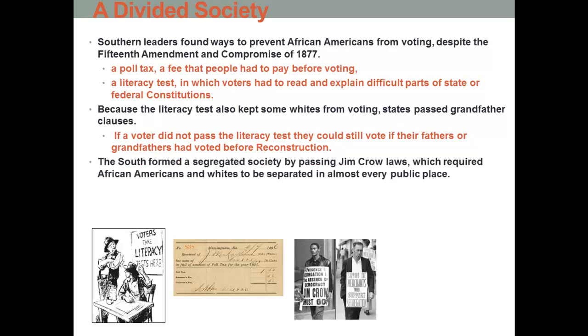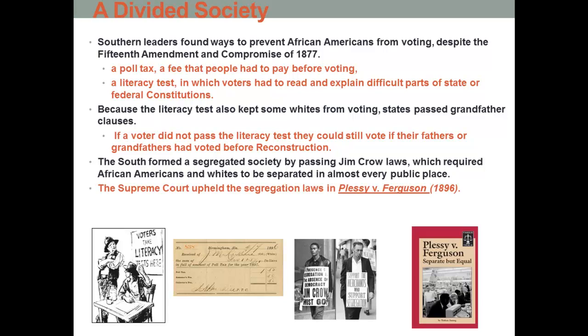The South developed a segregated, or separated, society by passing Jim Crow laws, which required African Americans and whites to be separated in almost every public area. When this was challenged in court, the Supreme Court upheld the segregation laws in Plessy v. Ferguson in 1896.